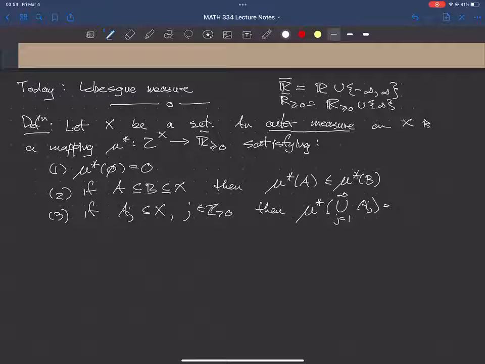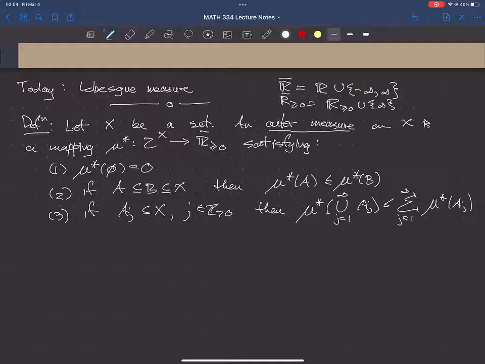And what property should that have? Well, the requirement of an outer measure is that that's going to be less than or equal to the sum of the outer measures. Okay.